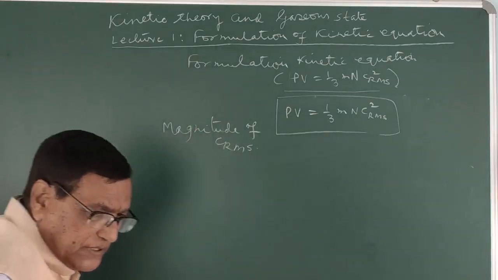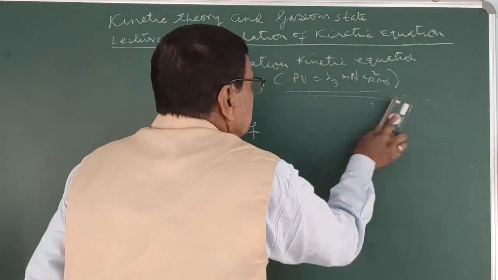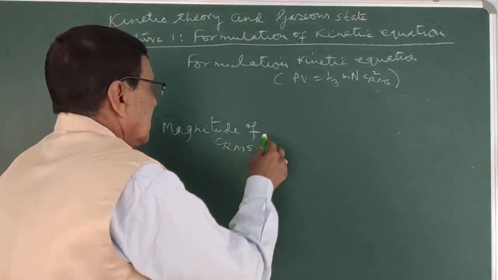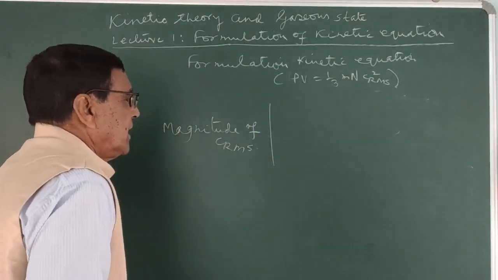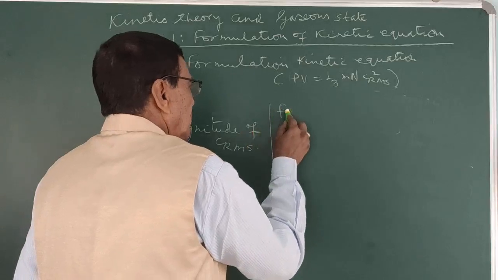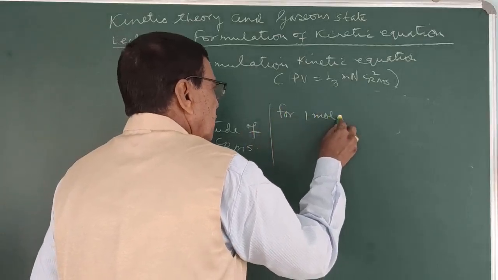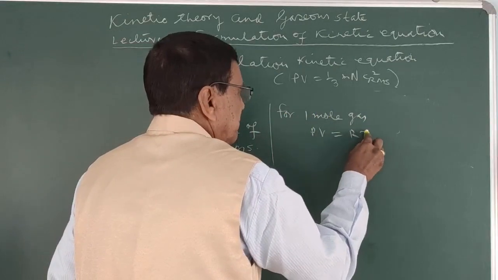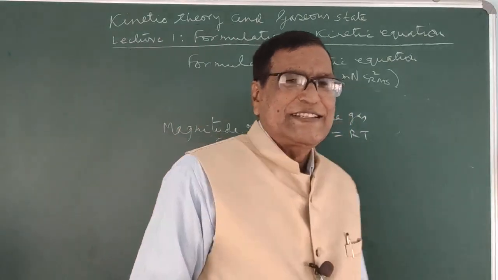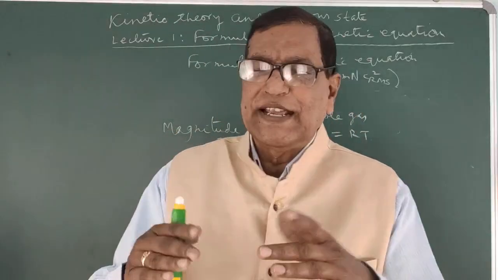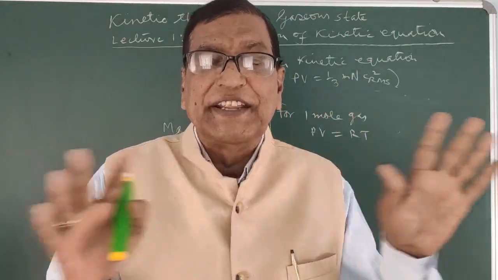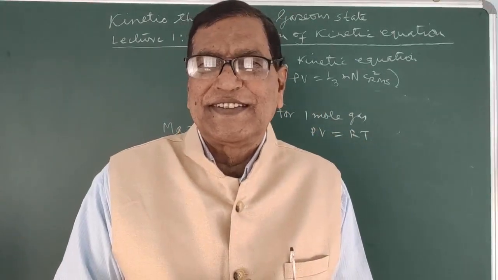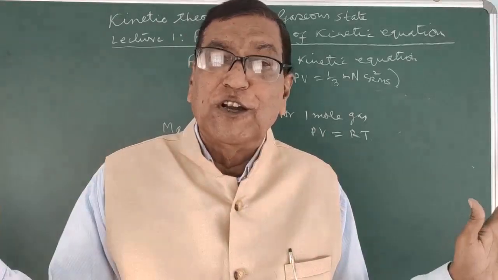So the magnitude of CRMS for one mole of gas, we have PV equal to RT, the ideal gas equation. As per the postulates in kinetic theory, we have assumed ideally there are no intermolecular interactions and molecules have no volume.